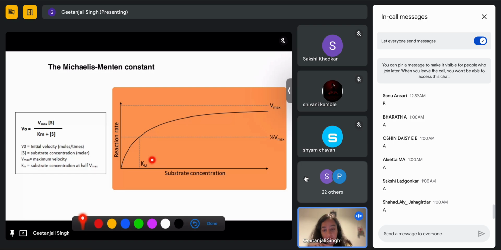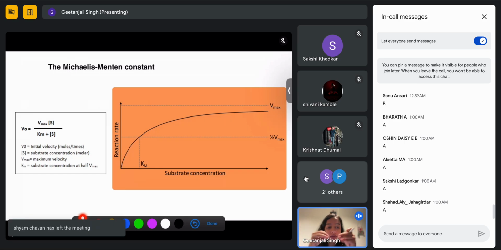What happens is, during the initial time, the reaction is slow because there is not much substrate concentration. Less substrate, slower the reaction.